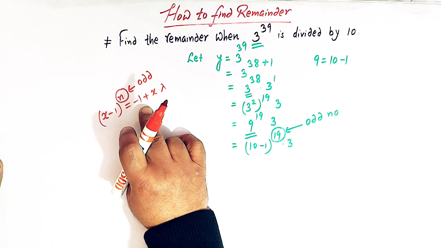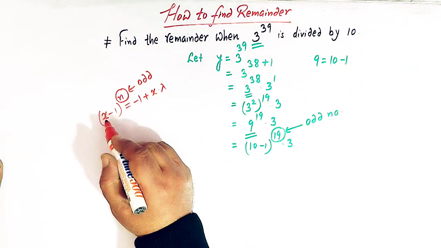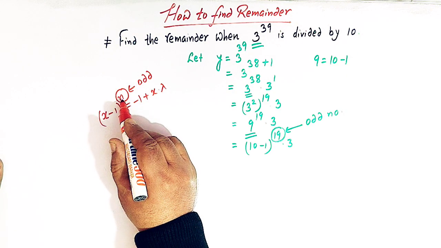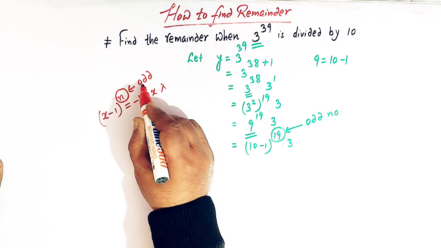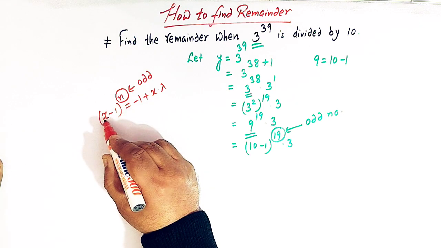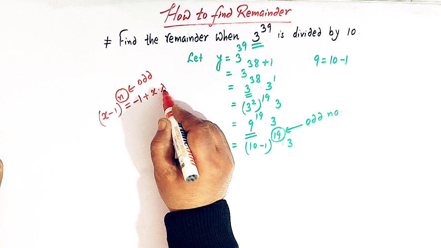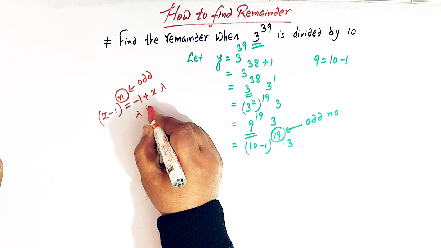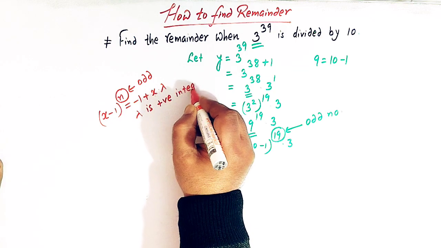We can prove it by using the binomial theorem. So (x minus 1) raised to n, when n is an odd positive integer, can be written as minus 1 plus x times lambda, where lambda is some positive integer.